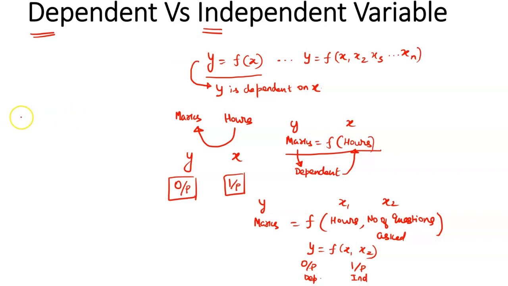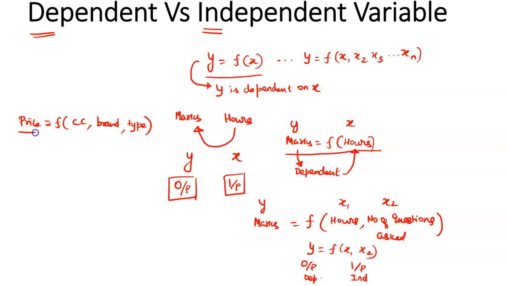For example, the price of an automobile is dependent on the cc, cubic volume, the volume of the vehicle, brand name, type of vehicle, whether it is an SUV, sedan, right? So on and so forth.